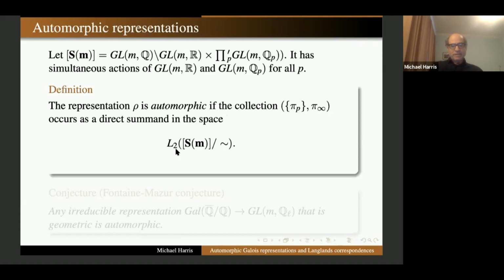Now, the L2 space. First of all, this is slightly more restrictive than the usual definition, but let's not worry about that. Secondly, we can't actually take an L2 of this space, or it's not very helpful to take an L2, because there is the multiplicative group of R that acts, so it has a copy of R in it topologically, and that makes it too big.